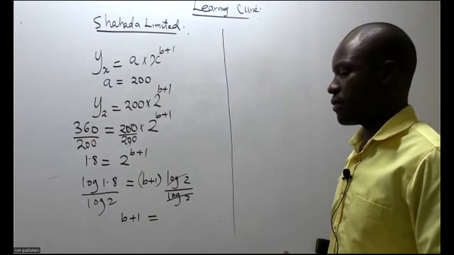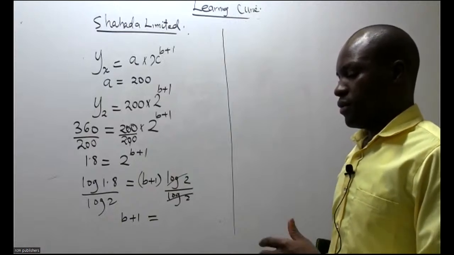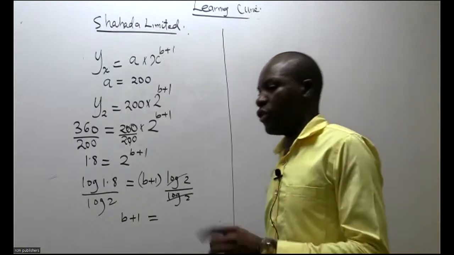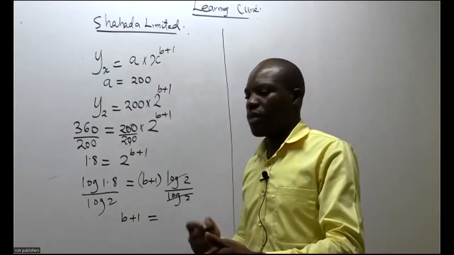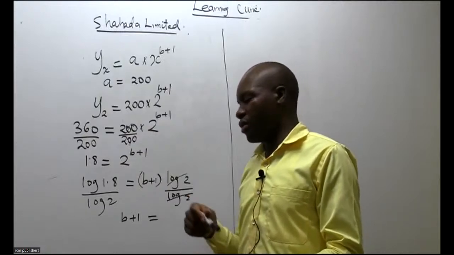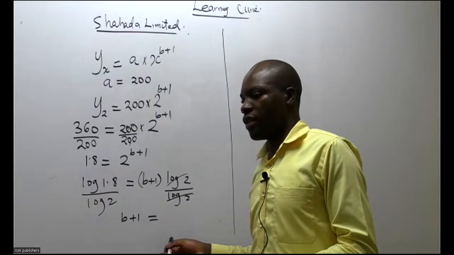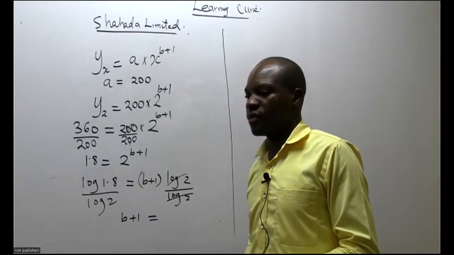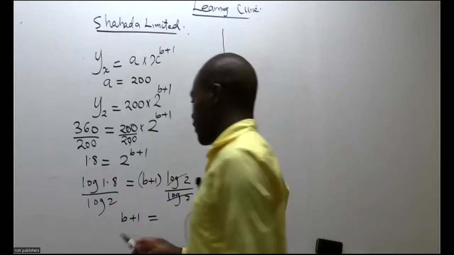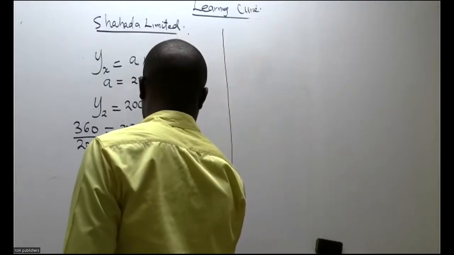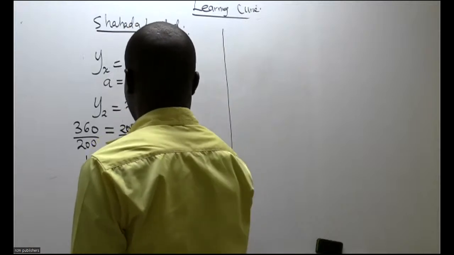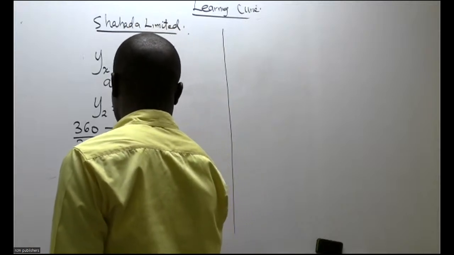What will you have? Log 1.8 divided by log 2. Just go to your calculator. What will we have here? 0.8480. That is what we have. Are you able to go ahead and give me the value of B?